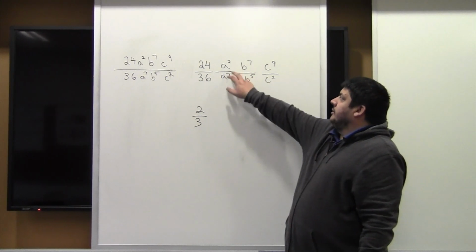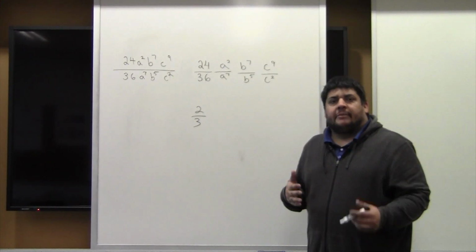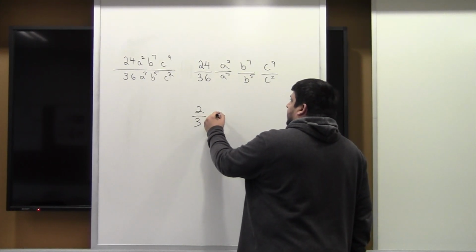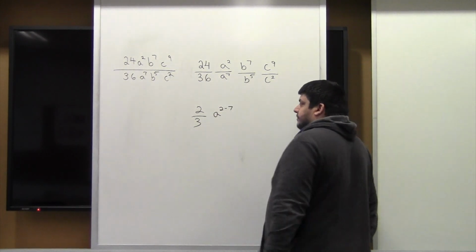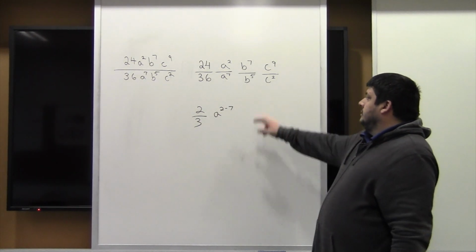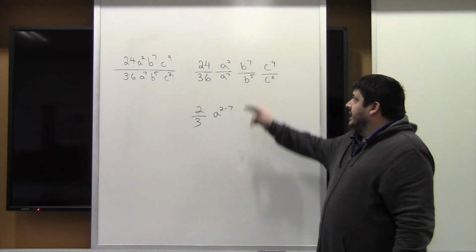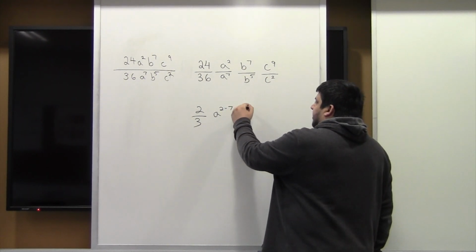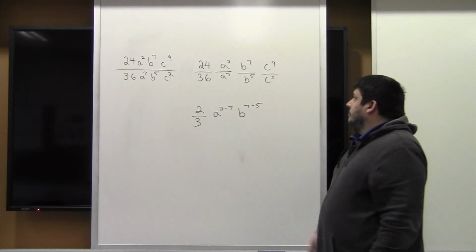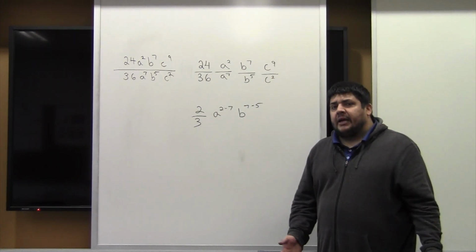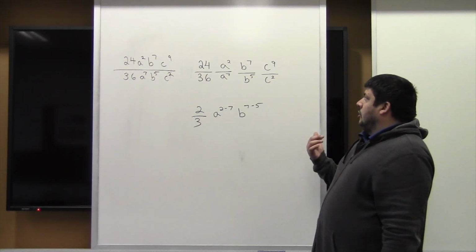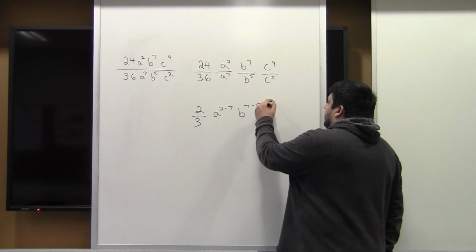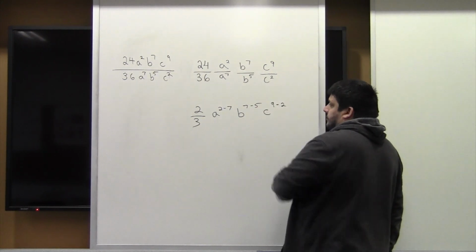All right? Let's look at what we have here. We have a division of the same base. That means we subtract. So this is a, 2 minus 7. Now let's look at what we have here. Again, we have division, so we subtract. b, 7 minus 5. And finally, the same thing we have here is division, so we can just subtract them. c, 9 minus 2.